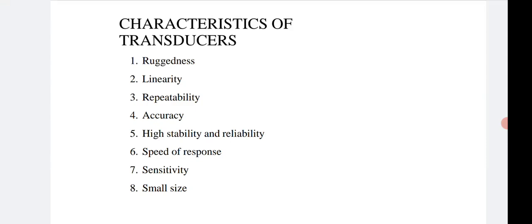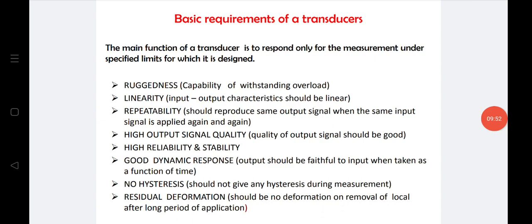These are a few of the characteristics of transducers. Let us see the definition of each characteristic and what it actually does. The basic requirements of a transducer can also be called the characteristics of a transducer.